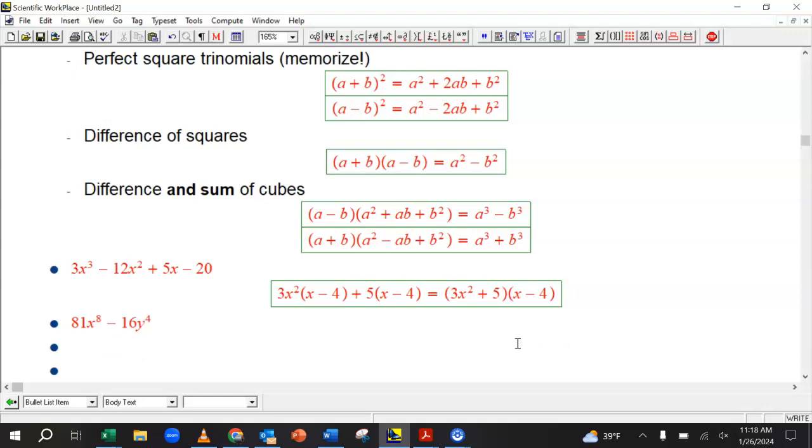We don't have anything that specifically talks about 8th powers and 4th powers. But this actually does fit into this pattern, as long as we recognize that this first term is the square of something, and the second term is the square of something. This is the quantity 9x to the 4th squared, and this is the quantity 4y squared squared.